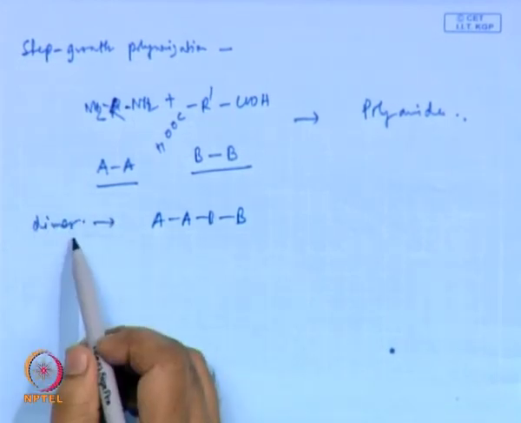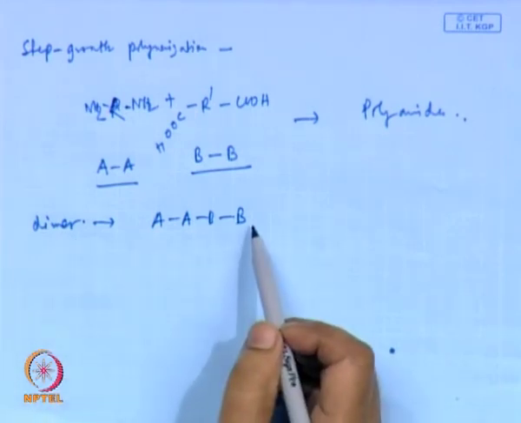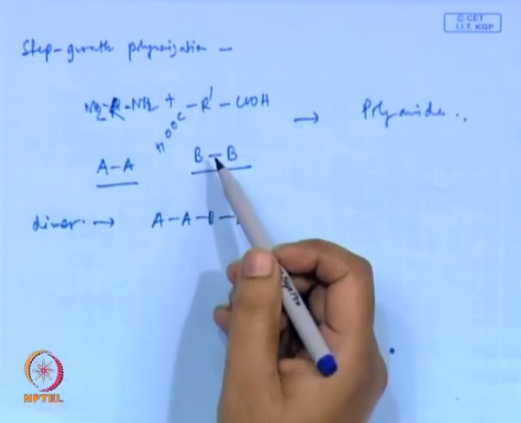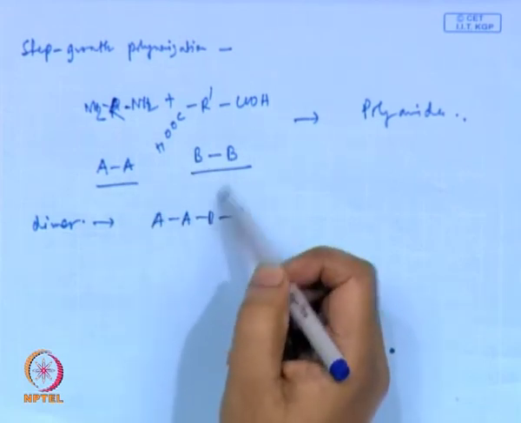Now, this dimer has a choice of reacting with itself or reacting with either of the two monomers.